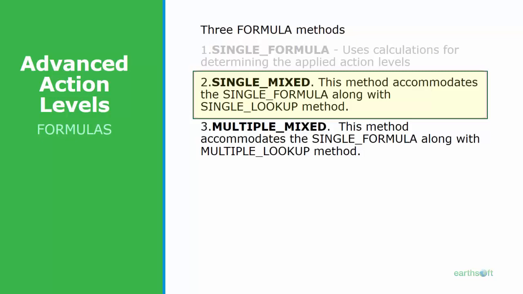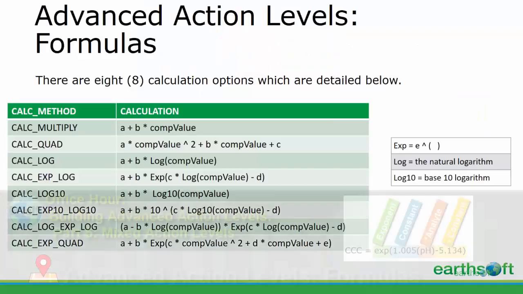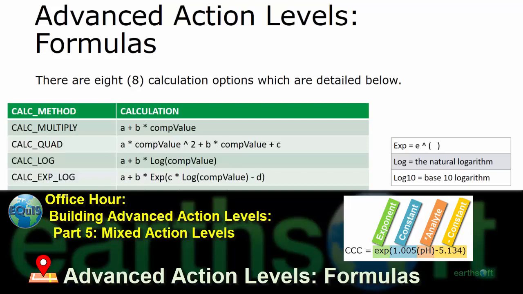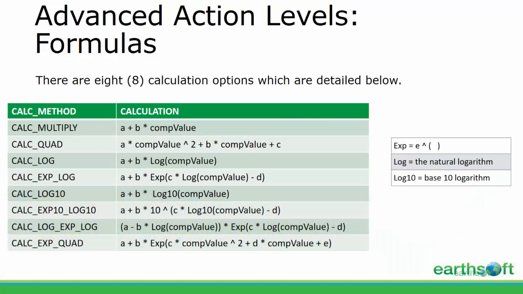Okay, so the next step then is to take a look at our available formulas for our advanced action levels. And there are 8, and they kind of run the gamut of all of the possible calculations. If you think that there's one that's not represented here, by all means, please let us know. We're happy to add additional action level formulas if they come into play in your work.